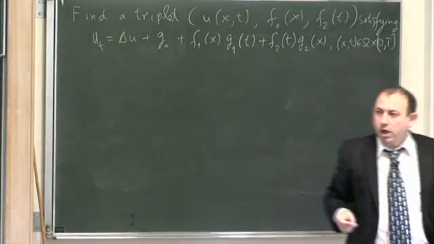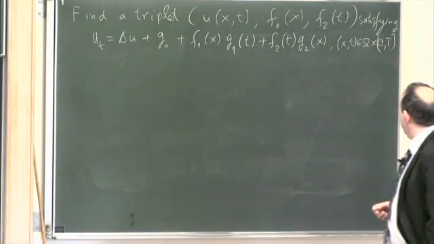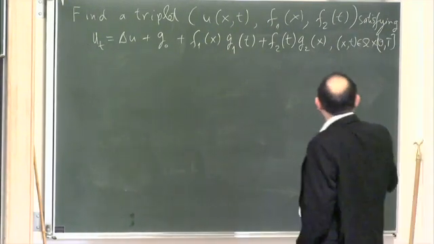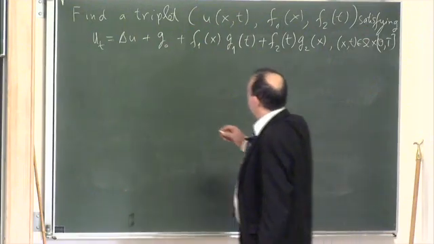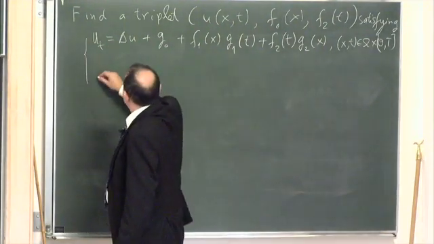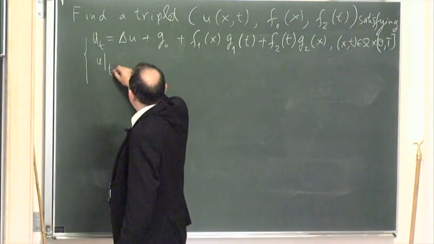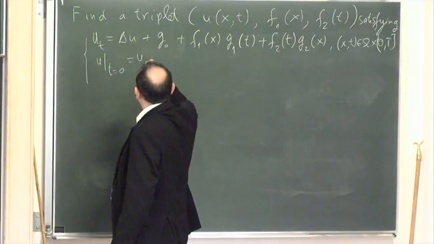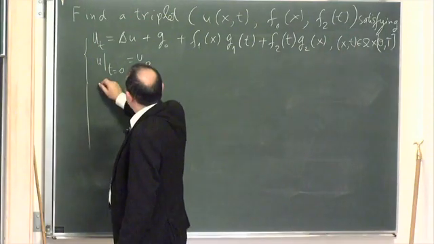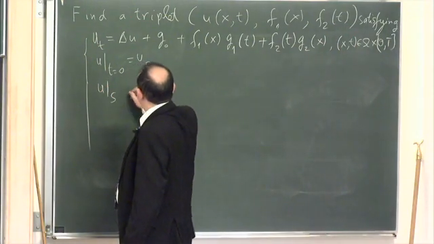We can have 1, 2 or 3 dimensional domains omega. The time interval is from 0 to capital T, subject to some initial condition at time t equals 0, and some boundary conditions, let's say of Dirichlet type.